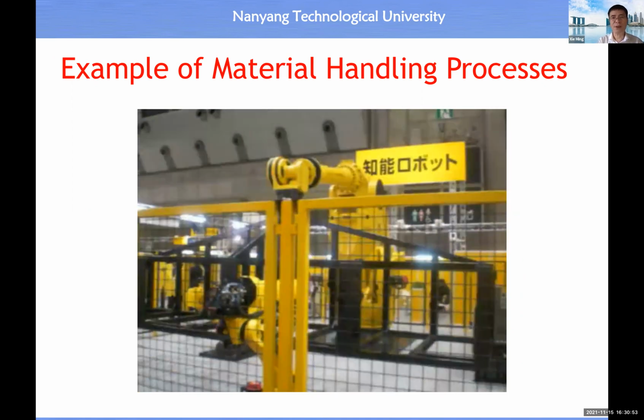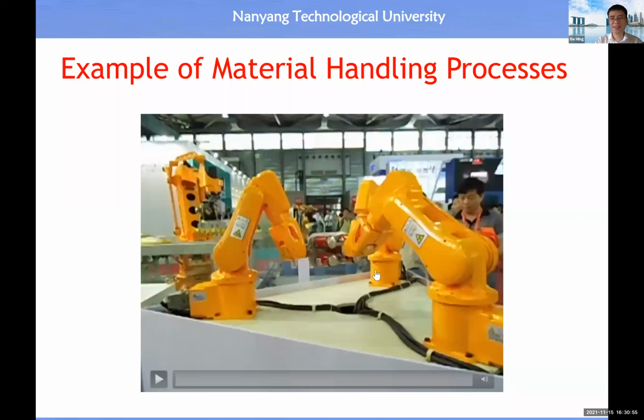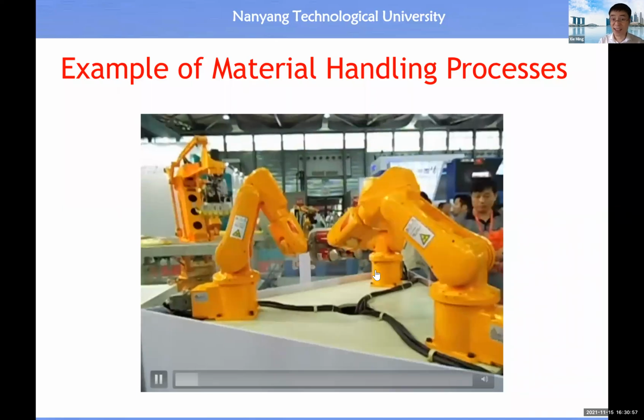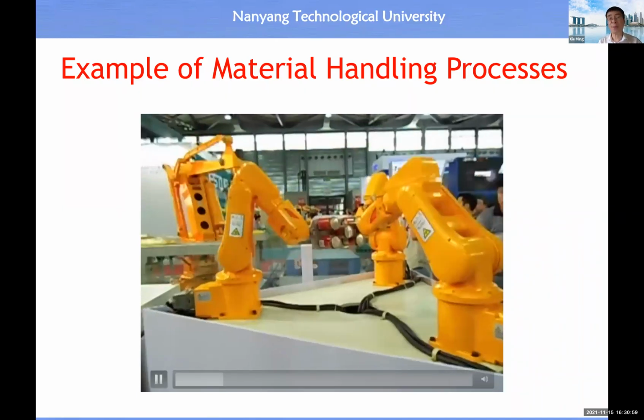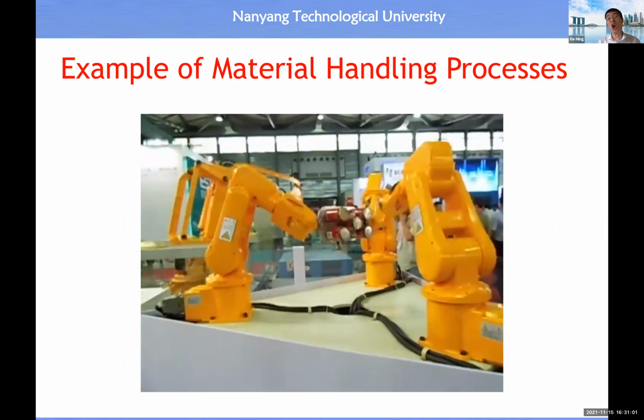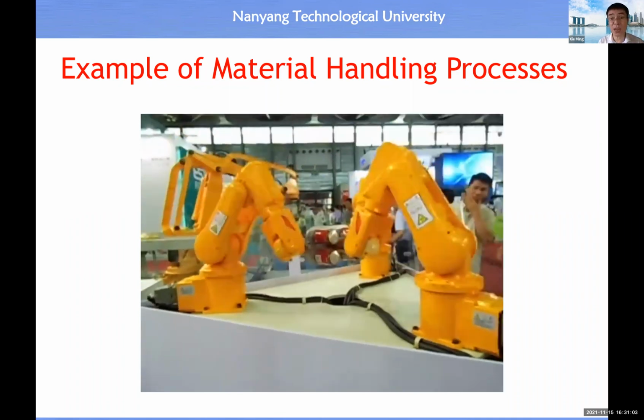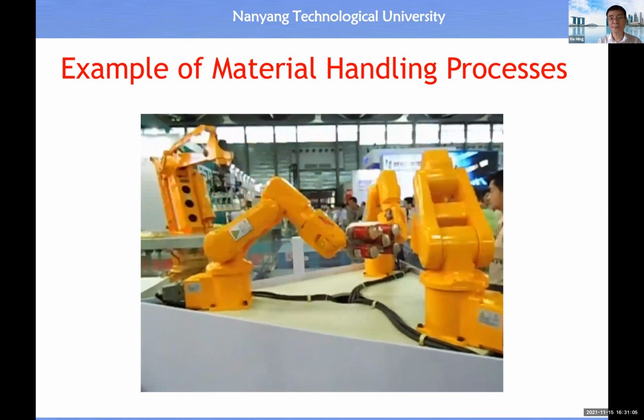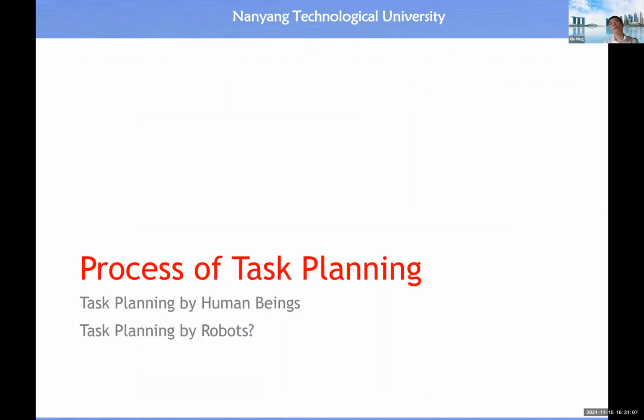All right, so we move on. And here is another example of doing material handling with coordination among three robotic arms. So for task planning, we have a job description as an input. We must produce a task description as an output.